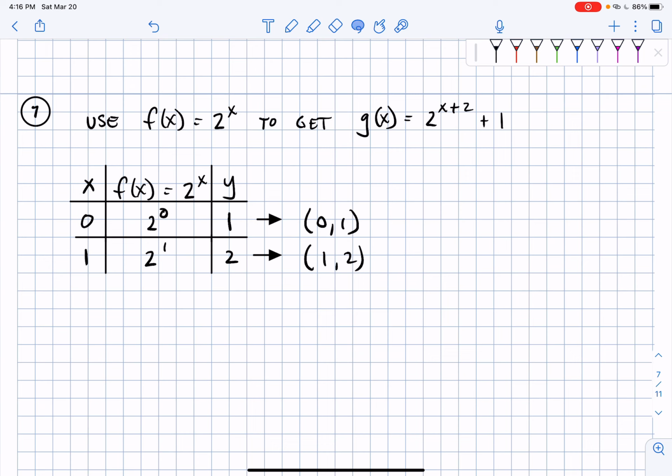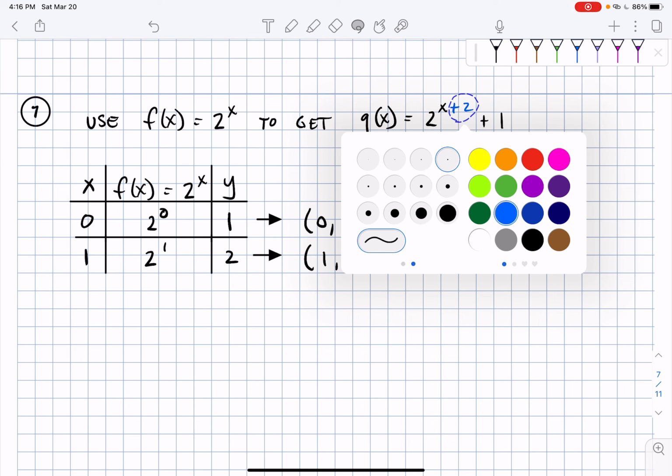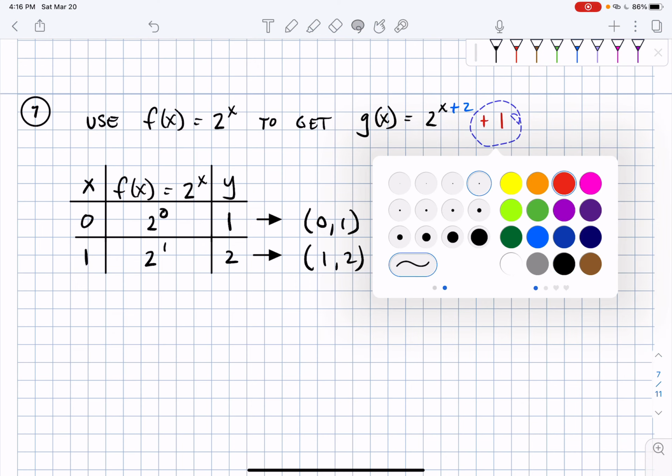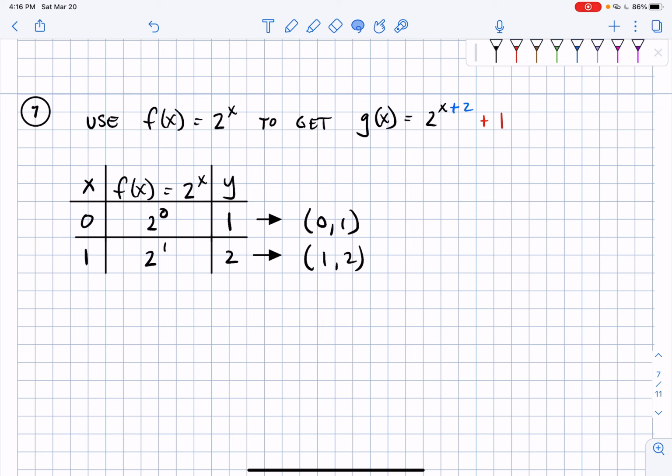Let's select this right here, make this blue, and make this one red. The plus 2 here means what? It means to shift left twice.